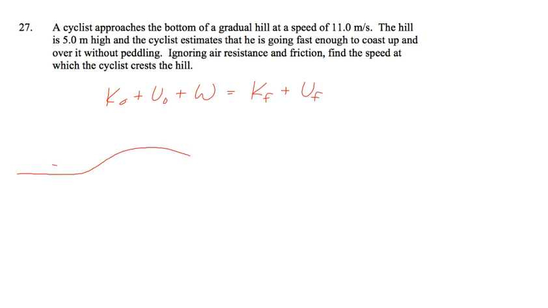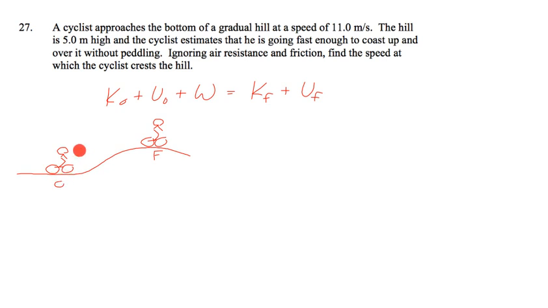So at one point, he's going to be down here, and then this is going to be where he ends up. So this would be his original position, and this would be his final position.